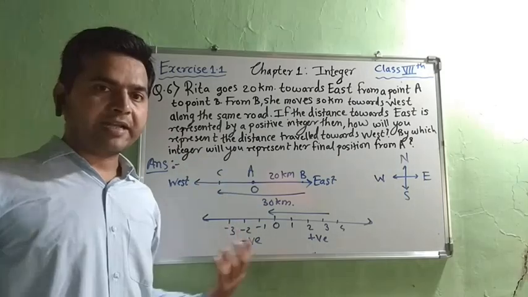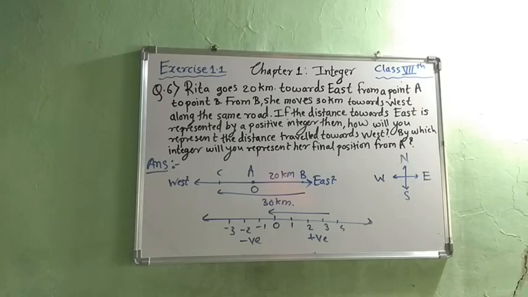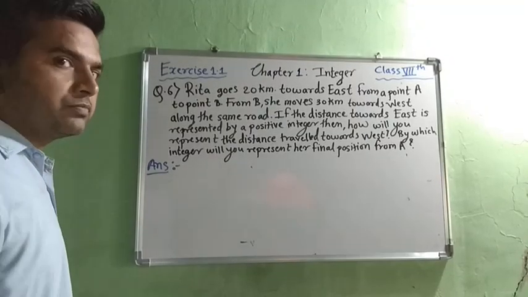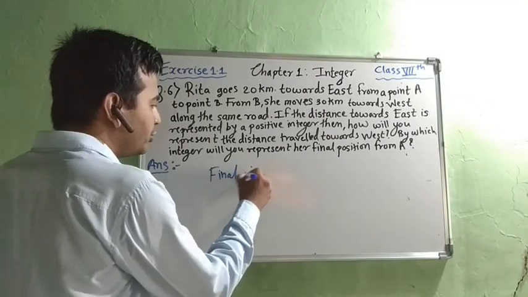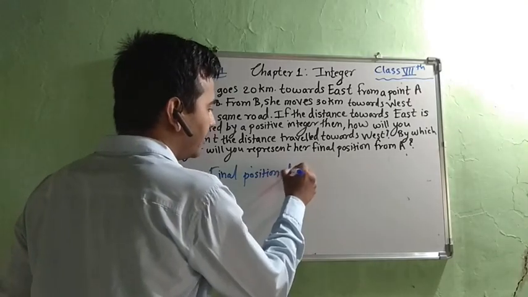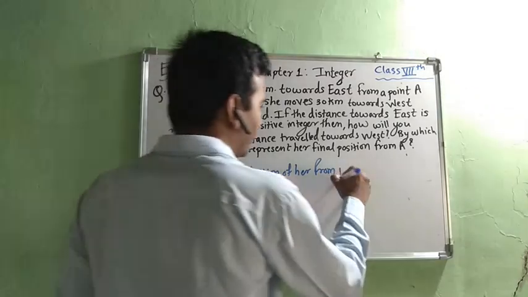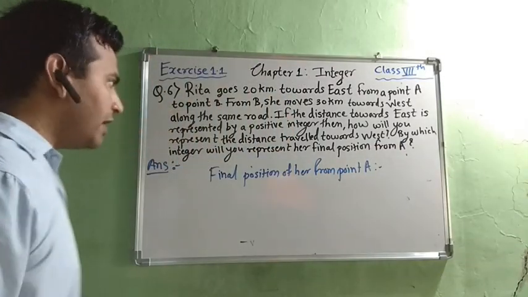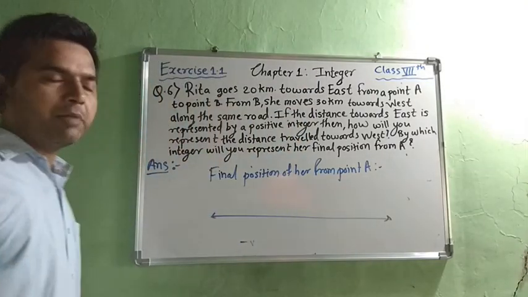Okay, now let us write down all these things step by step. So final position of her from point A. Now look here, as we know, we represent this movement on the number line.